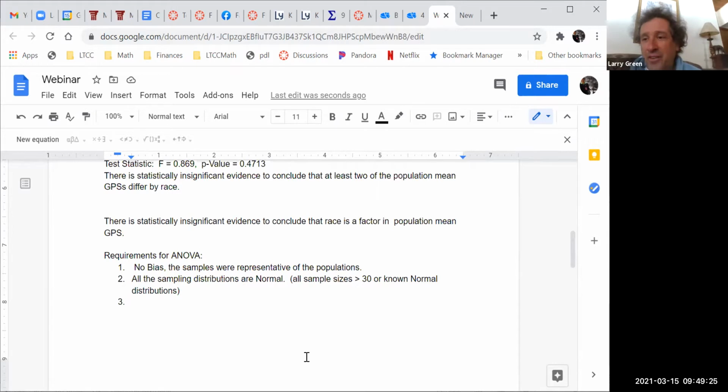Okay, number 3 is a new one, and that is the standard deviations for each of the populations are all close to the same.